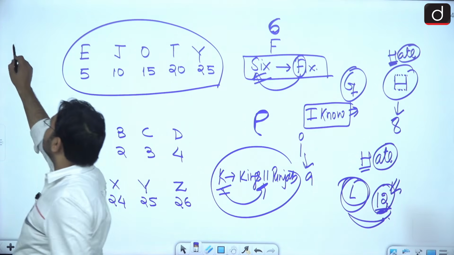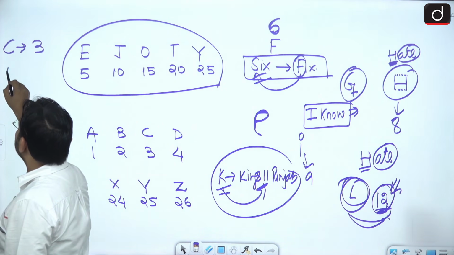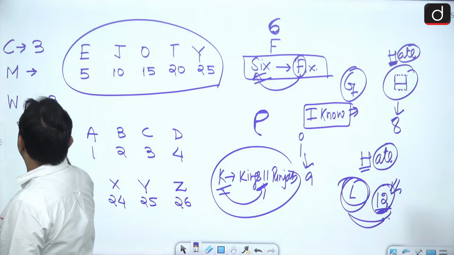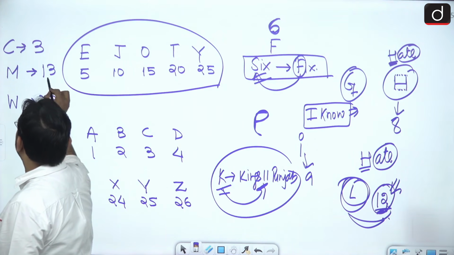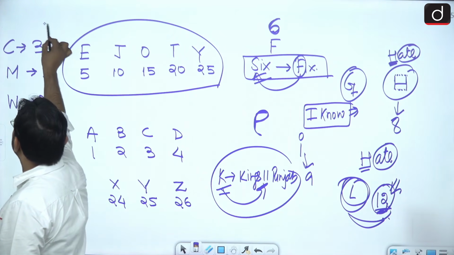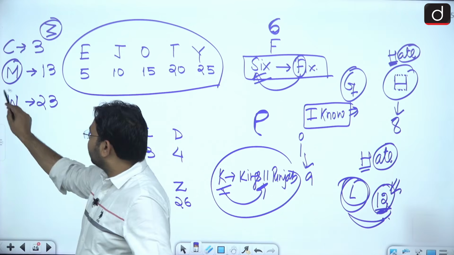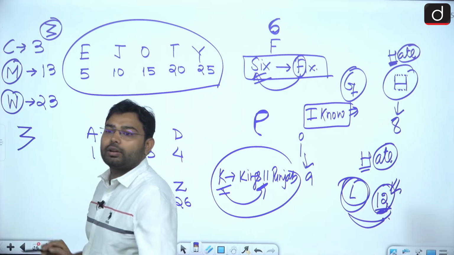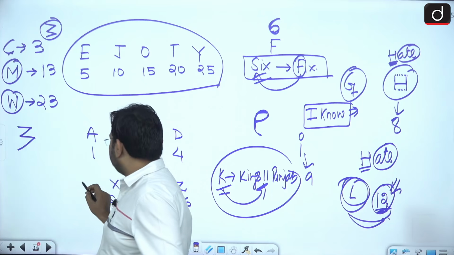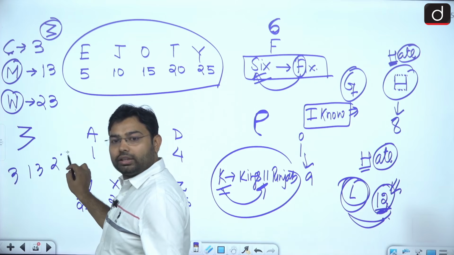Now C is on 3. Then M is on 13 and W is on 23. All 3 ending with 3. If you see this M and you rotate it, you will see a 3 in it, and a 3 in W also, if you rotate it. So the first 3 is on C, and W has it in the ending part. So you have 3, 13 and 23.